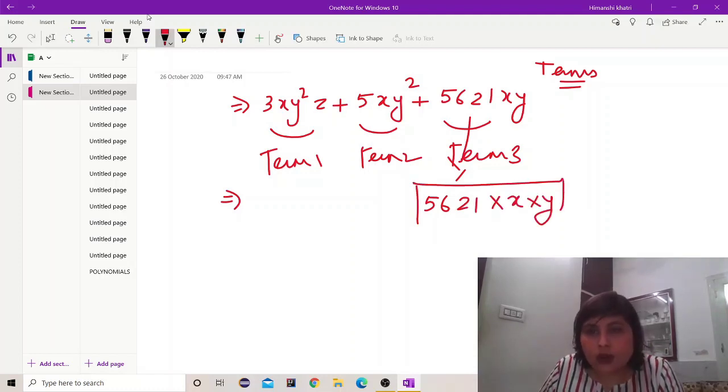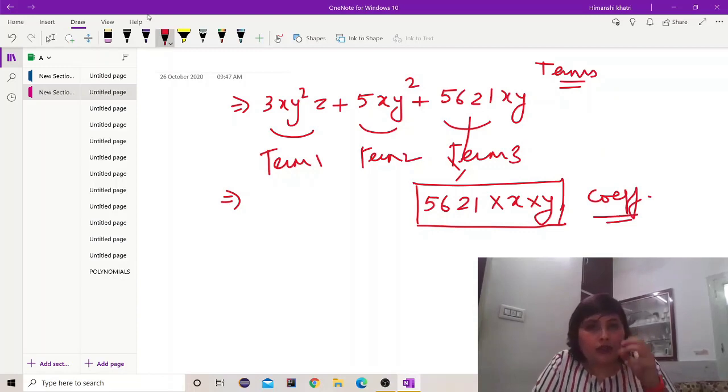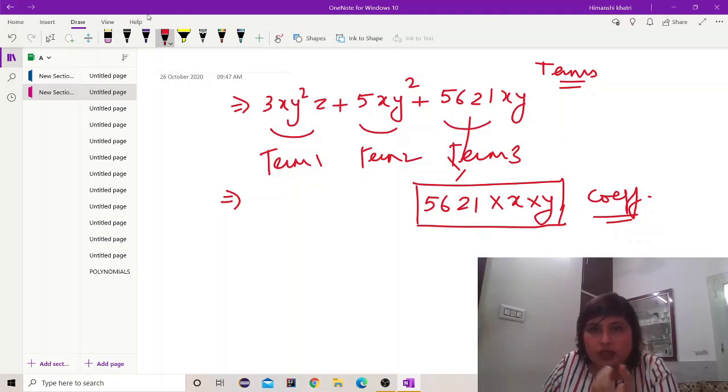So here comes another word, that is coefficients. Now we have to be well versed with the word coefficients. Coefficients means the value written before something. Now suppose I ask, what is the coefficient of xy?